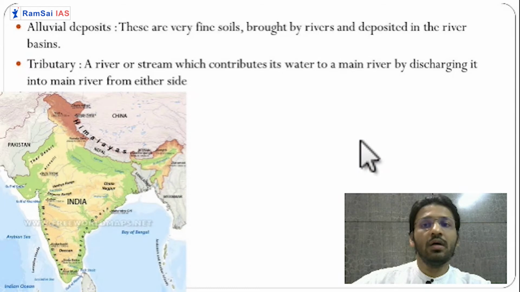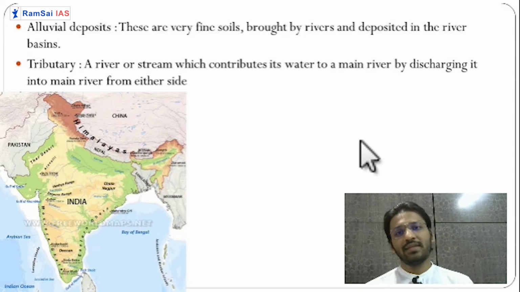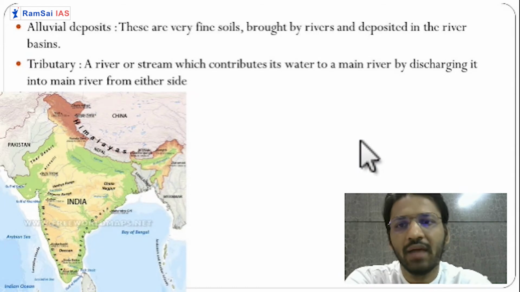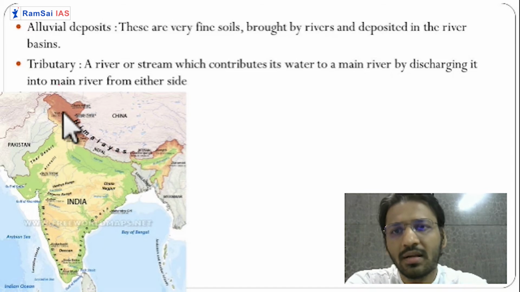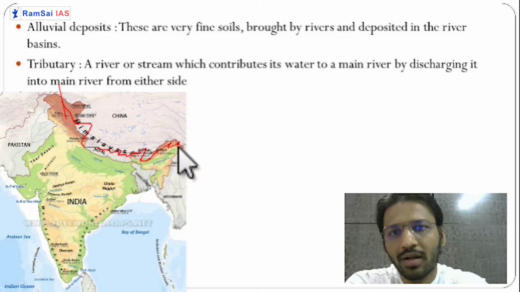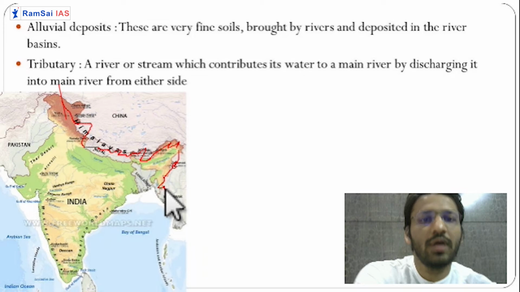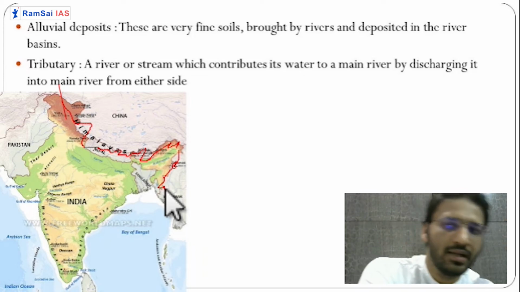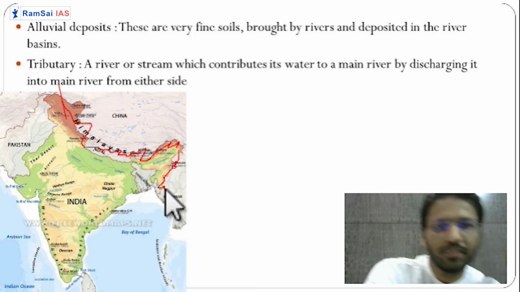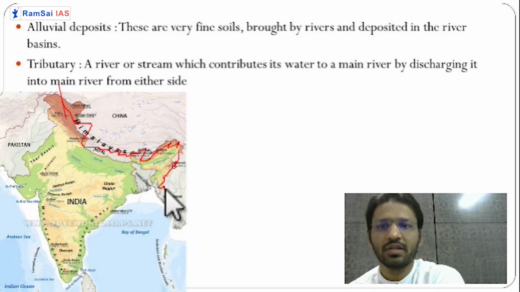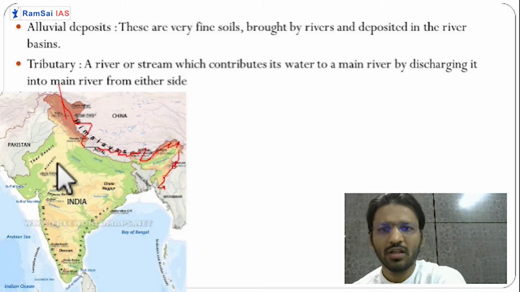Now let us understand that we have seen, on the northern side, the Himalayas. The Himalayas run from Jammu and Kashmir through Nepal up to Arunachal Pradesh. At Arunachal Pradesh they take a bend and are known as Purvanchal in Manipur, Nagaland and Mizoram. Then in the northern region we have the northern plains.